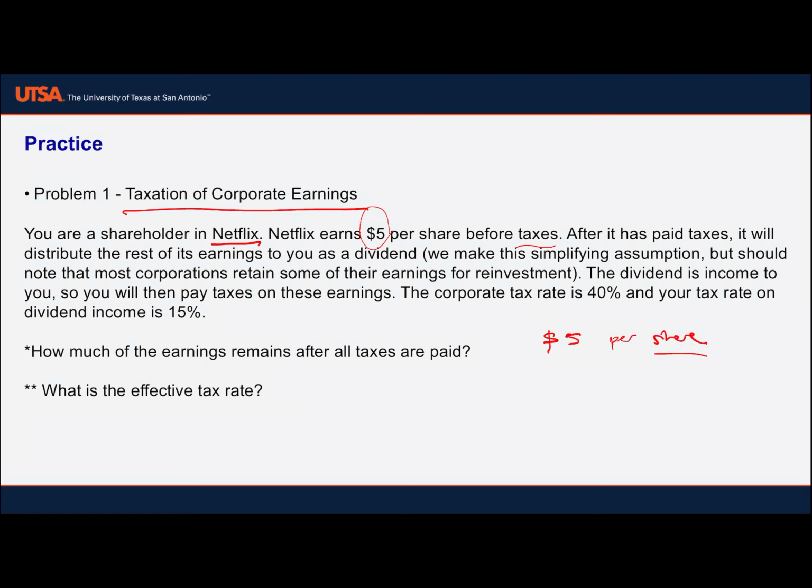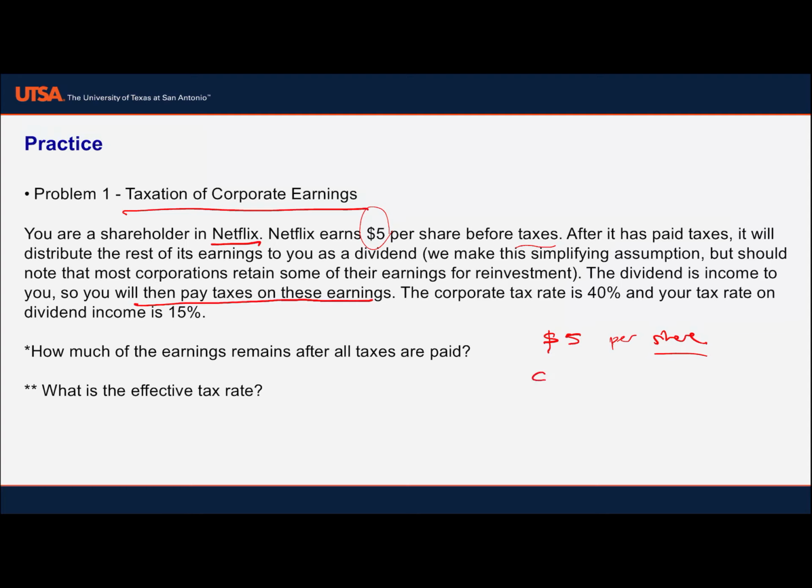After it has paid taxes, it will distribute the rest of the earnings to you as a dividend. We make this simplifying assumption, but should note that most corporations retain some of their earnings for reinvestment. The dividend is income to you, so you will then pay taxes.